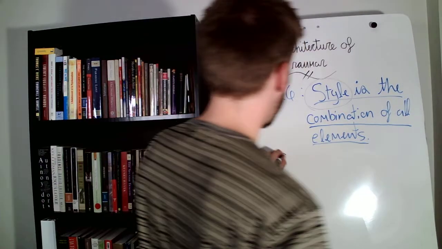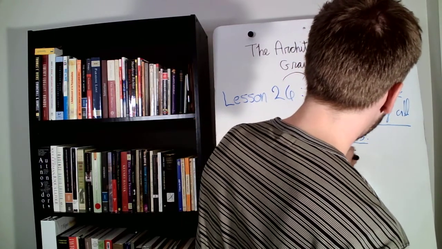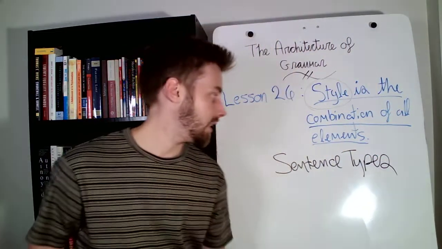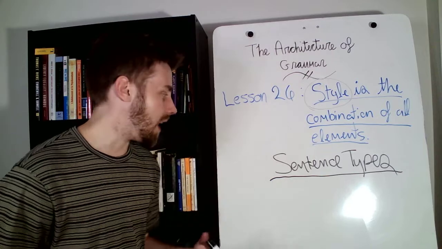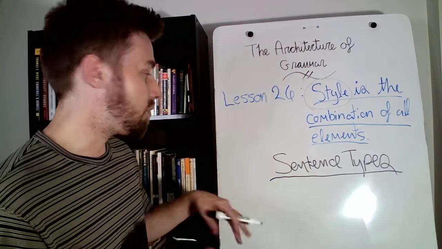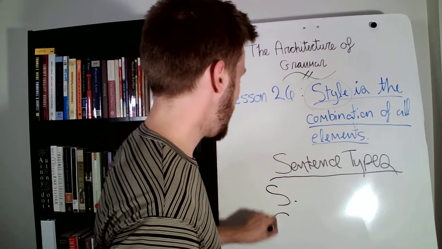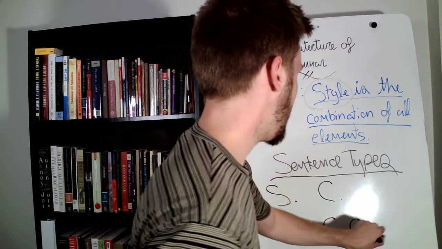Now the other thing is sentence types. If you do the sentence length well, this is going to come naturally, but as we've discussed in the past videos, there are 4 types of sentences. We have simple, complex, compound, and compound complex.